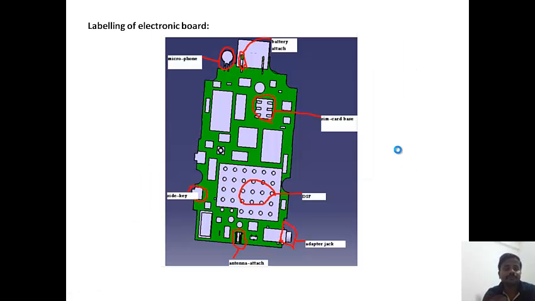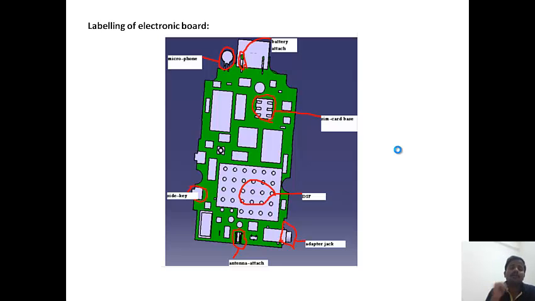It is a padding, labeling of the electronic board. This is an electronic circuit PCB, which is a printed circuit board on which various components are mounted. You can see here there is a microphone connected here, battery is attached, SIM card base is there, DSP, which I was telling you about just now, is shown here, adapter jack is there, antenna attached, and side key is available.